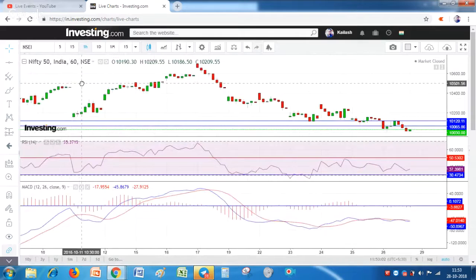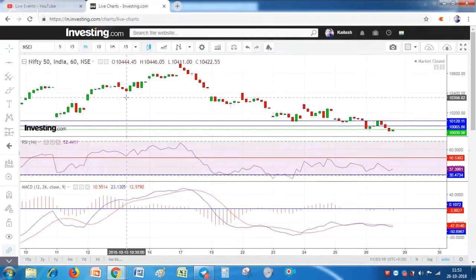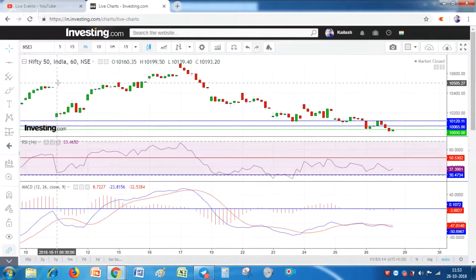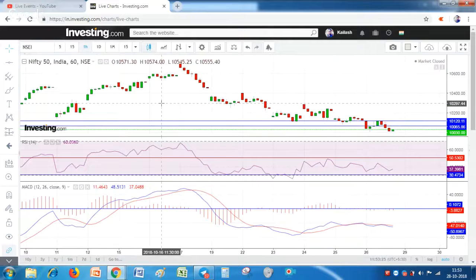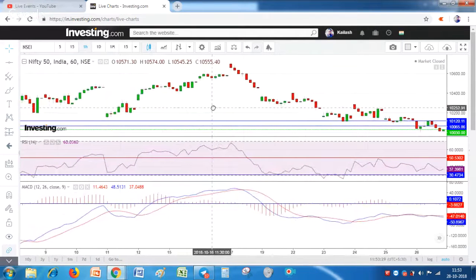There are different people who want to go longer or shorter in any stock. Those who want very short positional trades, just 3 to 5 days, or we can say 1 week, for them I suggest the 1 hour chart. Use the 1 hour time frame, it is best for them.